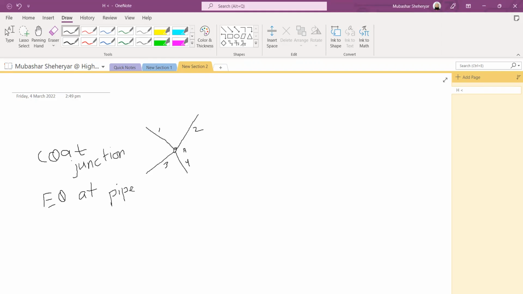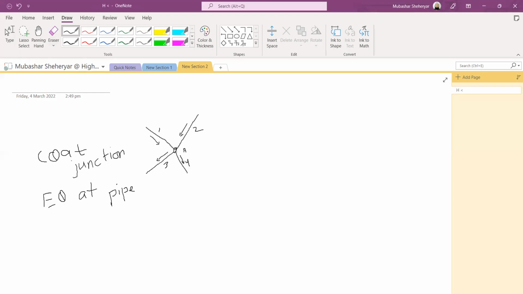So we know that for the continuity equation, we first have to assume the direction of flow. For this scenario, we are assuming that the flow is flowing in this direction and outflowing from the junction in this direction. According to the direction, we have to satisfy the continuity equation.